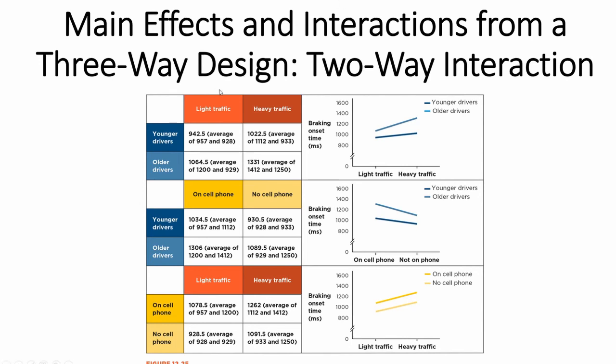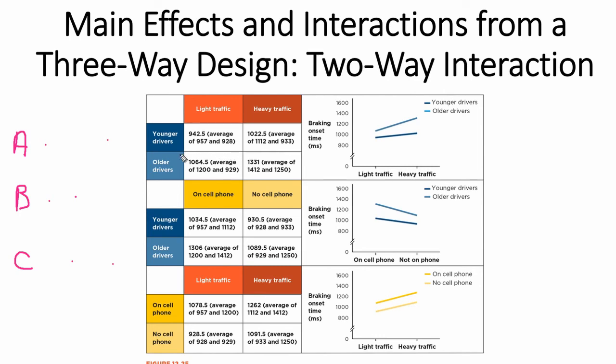What I mean by that is, if you have A, B, and C as your three independent variables, you can have A and B, you can have B and C, or you can have A and C. Those are all of your possible combinations of those three letters when you pick two of them. So from our three independent variables, we end up with three two-way interactions that we can look at.